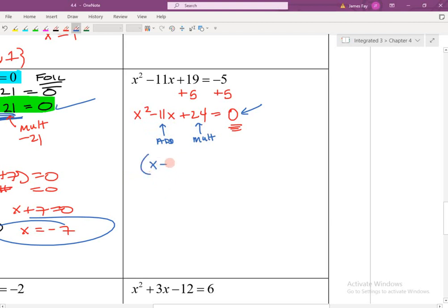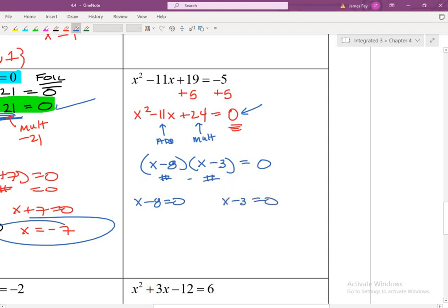Good. Negative 8, so it's going to be x minus 8. And negative 3, so it'll be x minus 3. Now, because we know a number times a number is equal to 0, that number and that number both themselves could be 0, right?